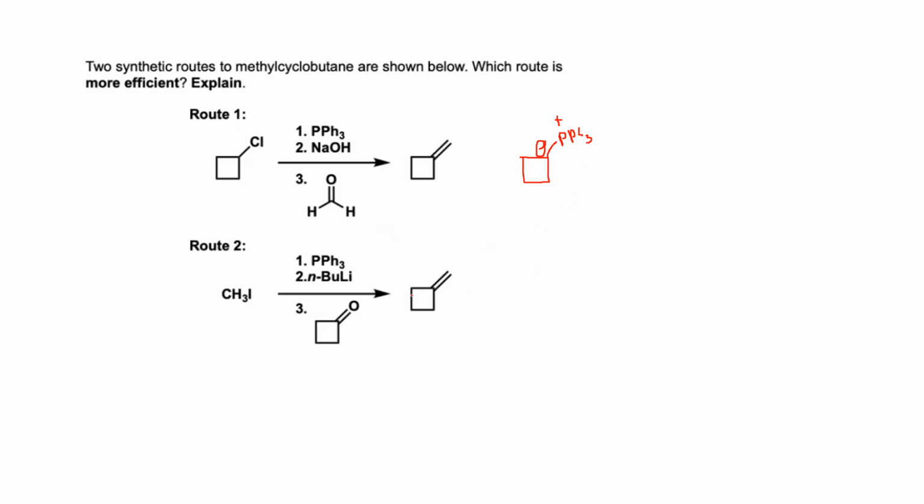But instead, in this other case where the halide is this one, the negative charge is far more stable, so it is prone to react with our cyclobutanone forming this alkene, whereas the other is not that favorable for forming our desired product. Okay, so the favorable route will be route 2.